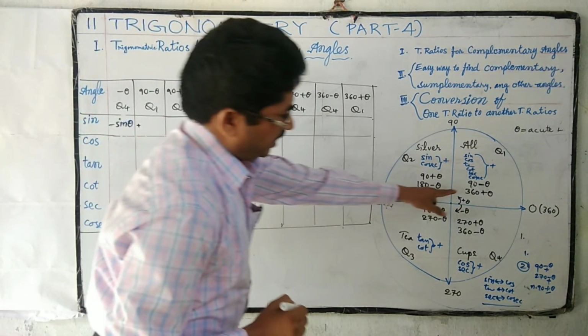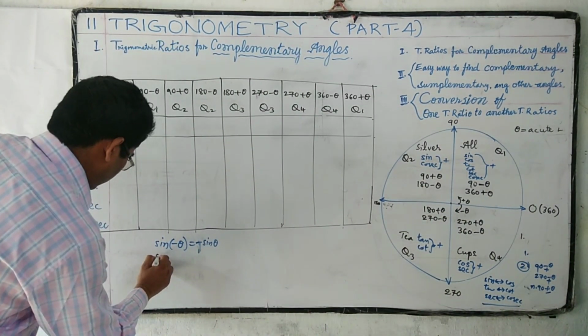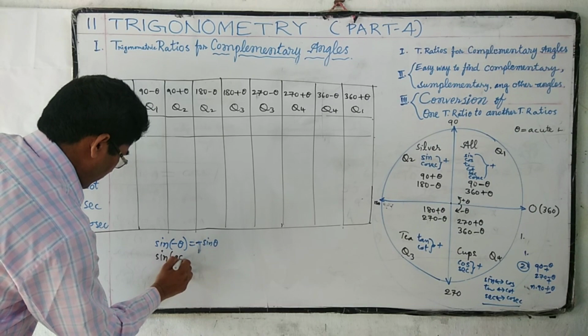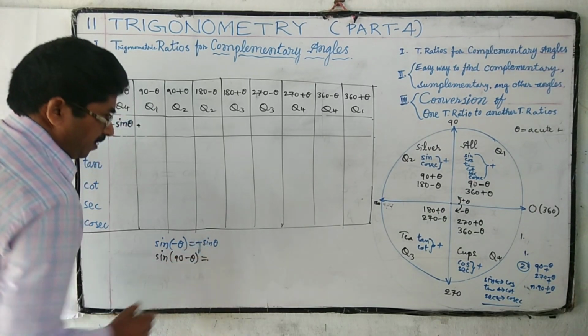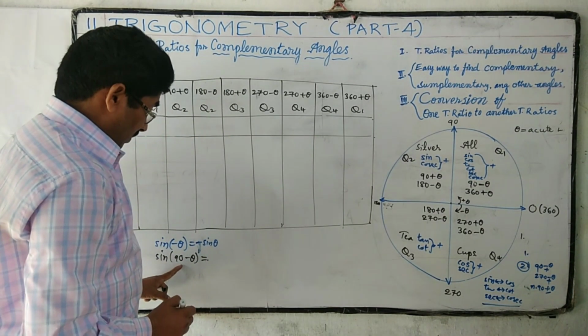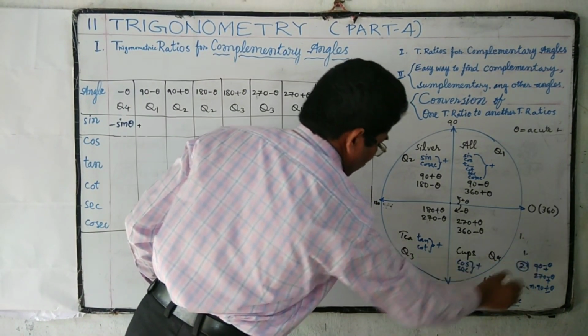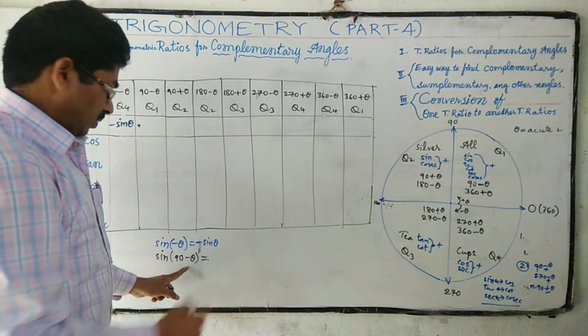Next, sine 90 minus theta. Here we have 90 minus theta. We have to remember that second rule.